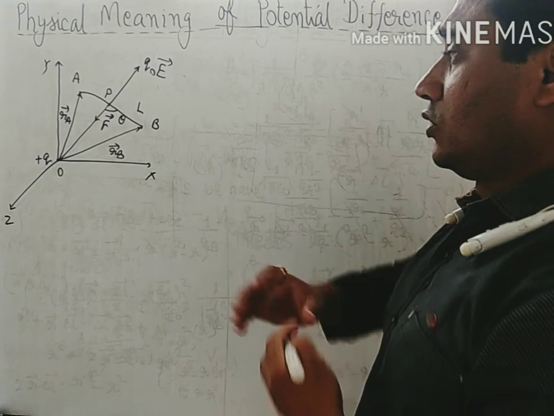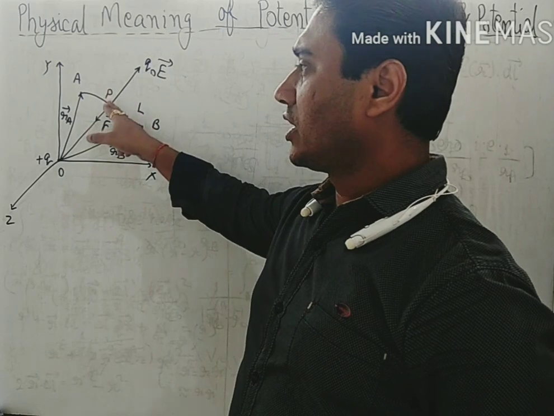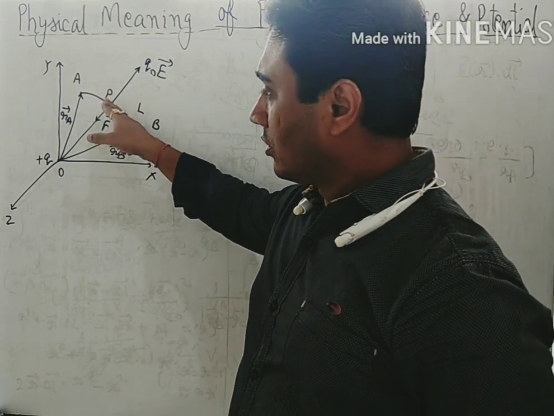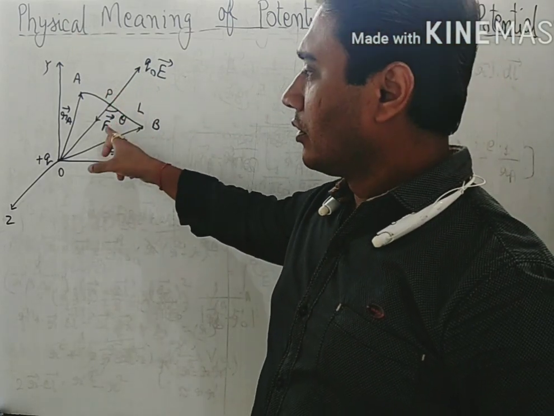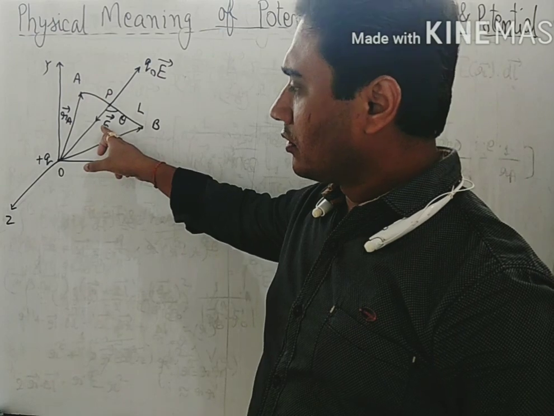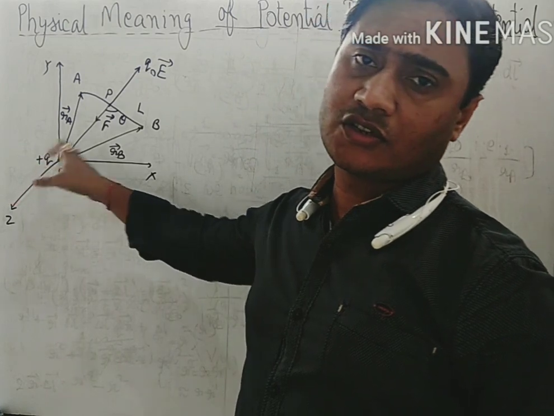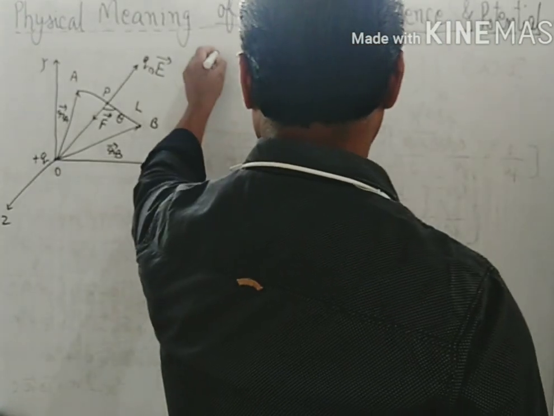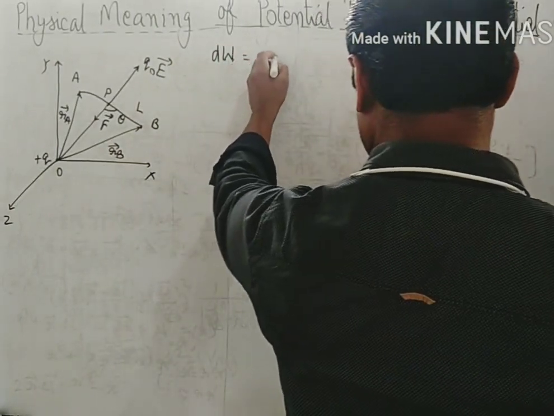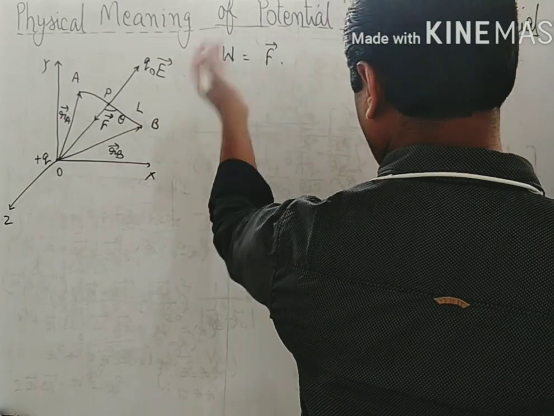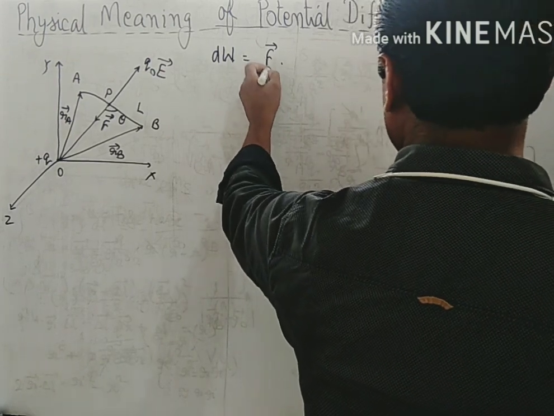Now the work done to move the test charge Q naught through a very small displacement dl by this external force F in the electrostatic field of this source charge we are calculating, and let that be represented by dW, which is equal to the external force that we are applying so that there is no acceleration at all to move the charge Q naught.